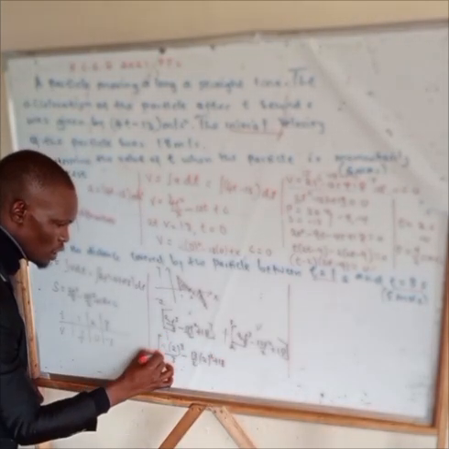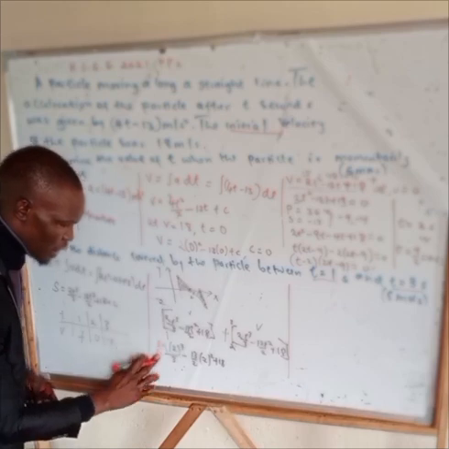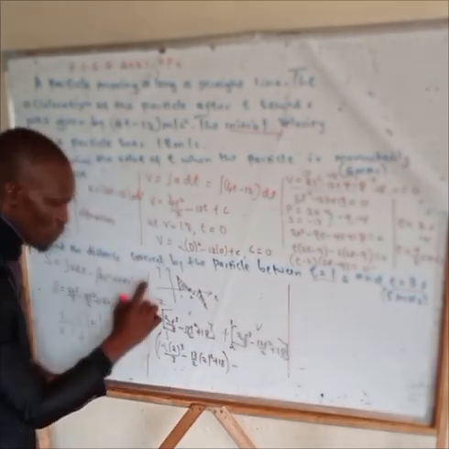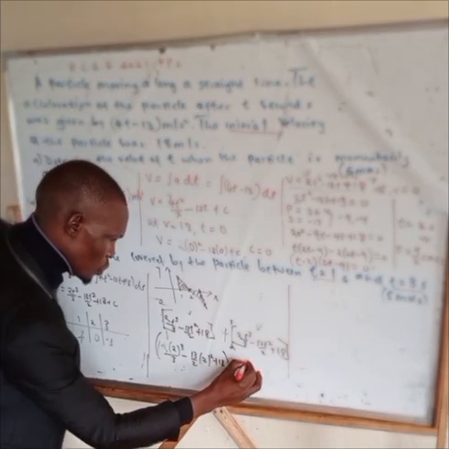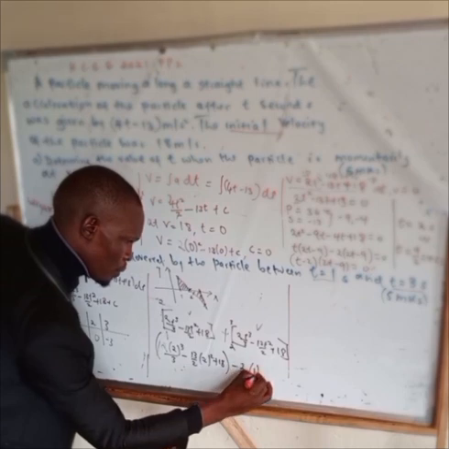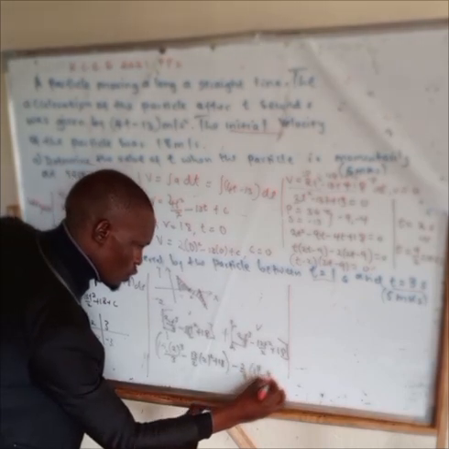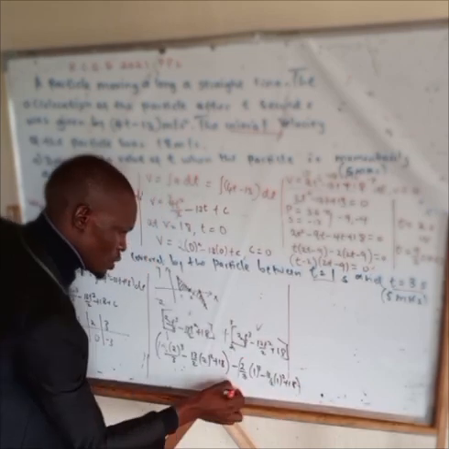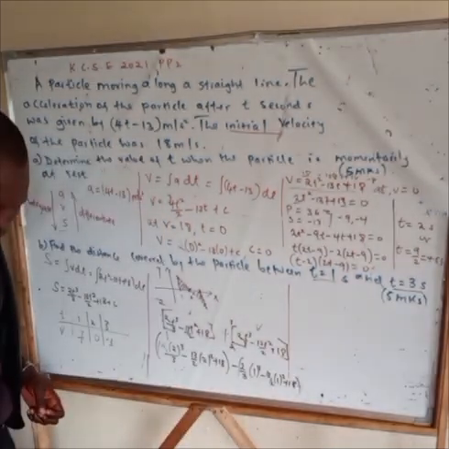That's what we have. So this one should be subtracted with, we're going to subtract. Now substitute with the 1, so it will be 2 over 3 into 1 cubed minus 13 over 2 into 1 squared plus 18. So I want someone to work it out.